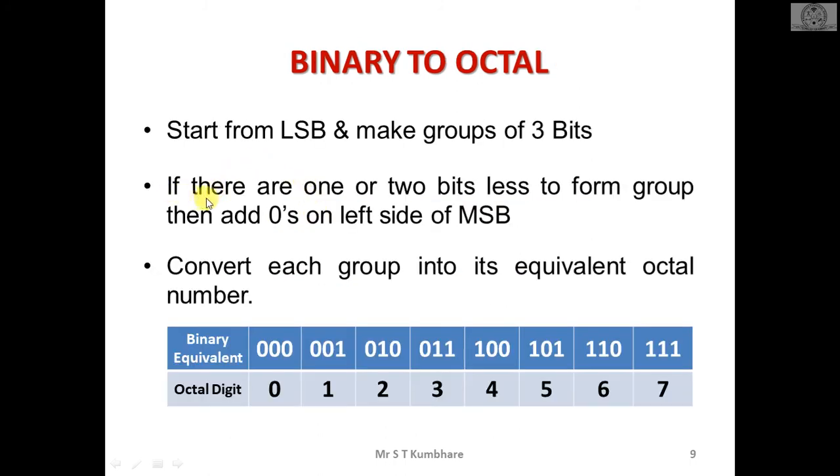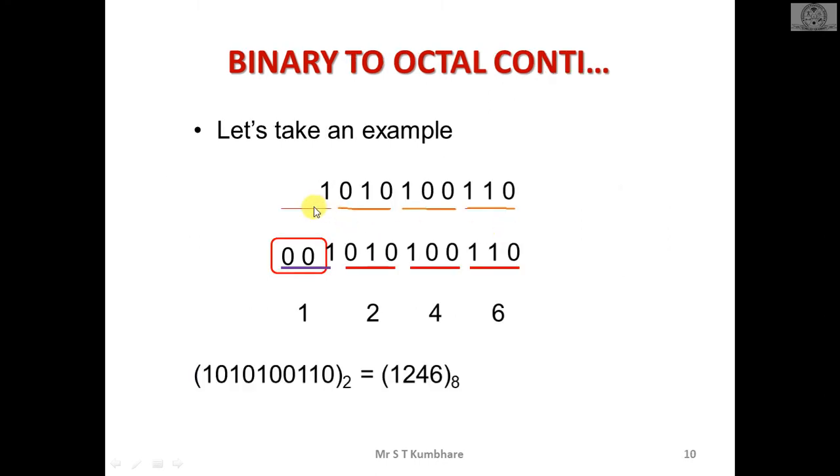So that's what is mentioned over here: if there are 1 or 2 bits less to form a group, then add zeros on the left side of the MSB. So here we are having 2 bits less. So what we'll do, we'll add 2 zeros and then we'll club it. Got it? So the second rule was this, that if you are having a smaller number of bits, you have to add zeros to form a group of 3.